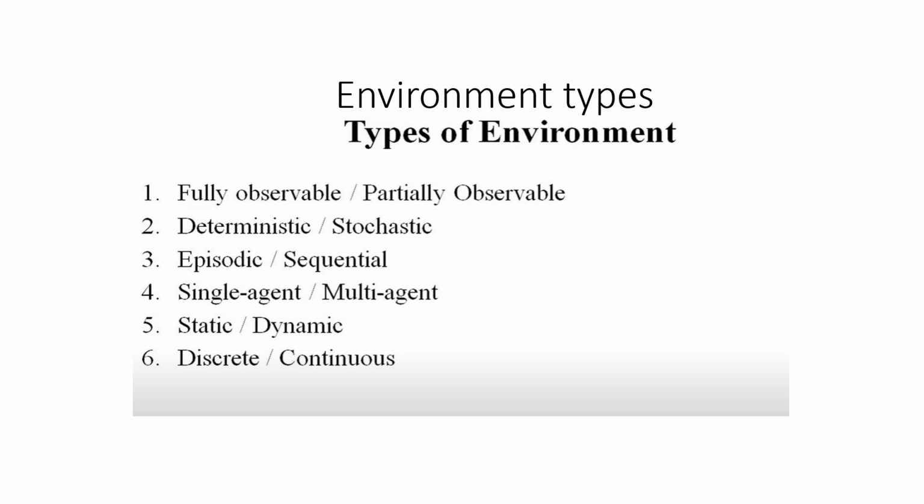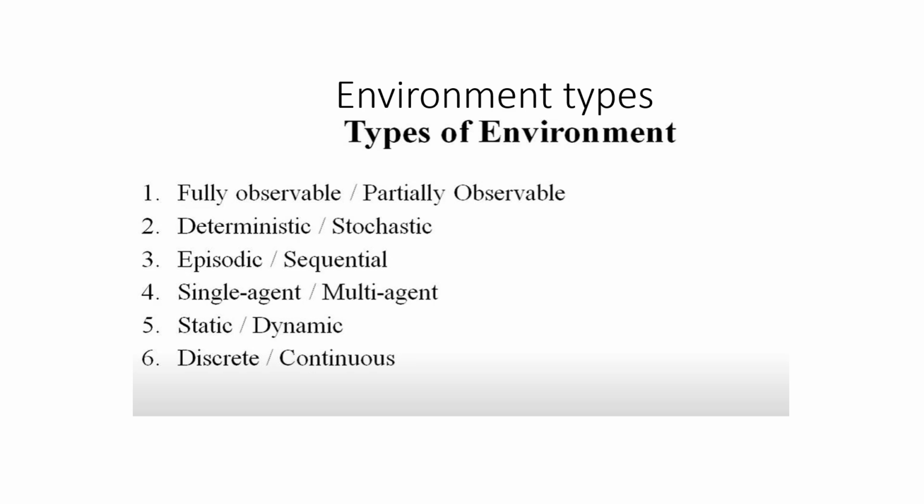Actuator will be the steering, brakes and accelerator control. Environment will be where you are driving the self-driving car. It will be the road, traffic signals, pedestrians, other vehicles, and the climatic condition, that is, the weather condition. These are all the environment.